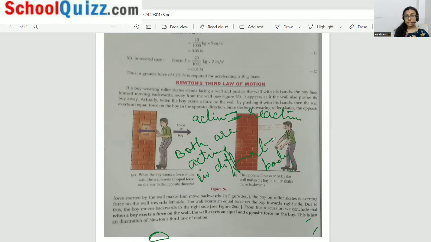They cannot act on the same body, like the boy. It has to be another object also.